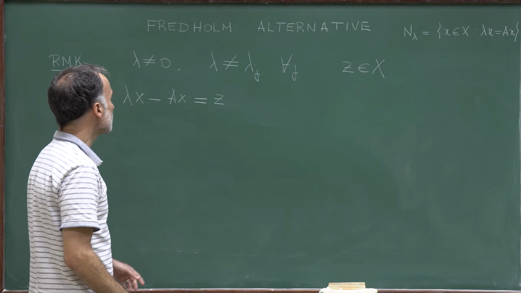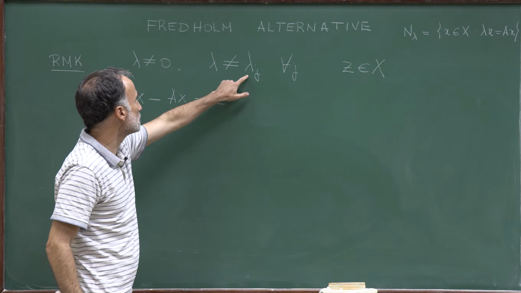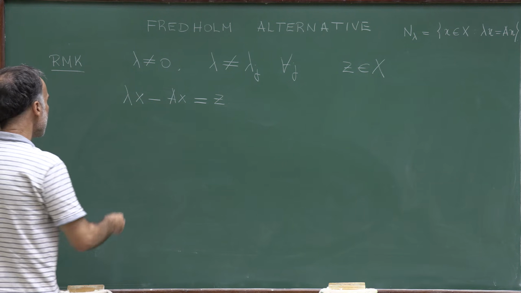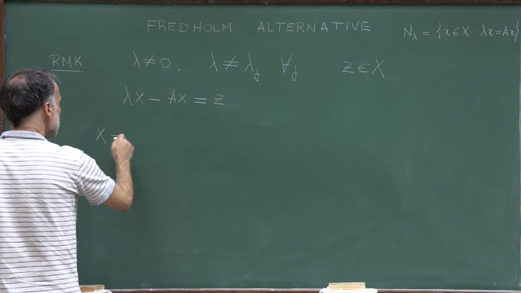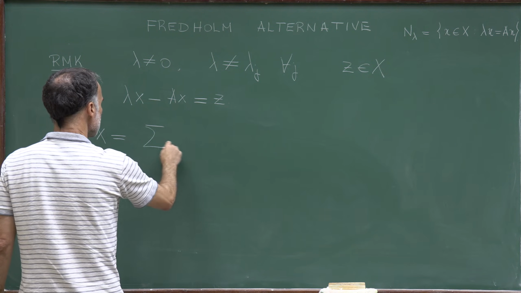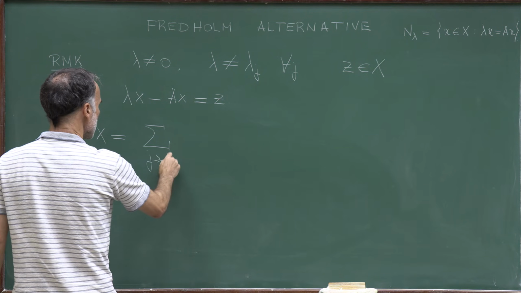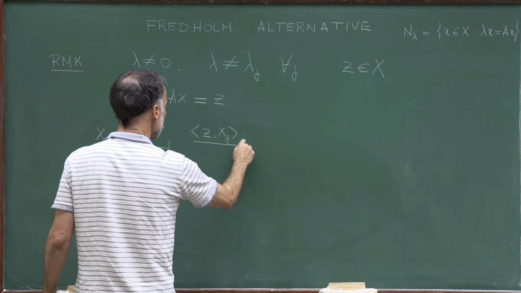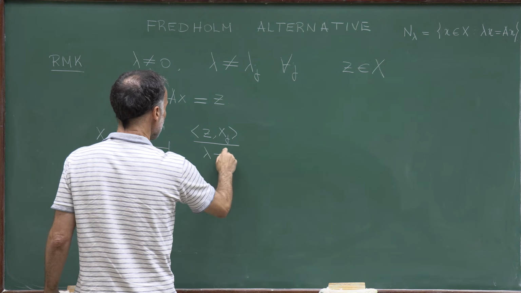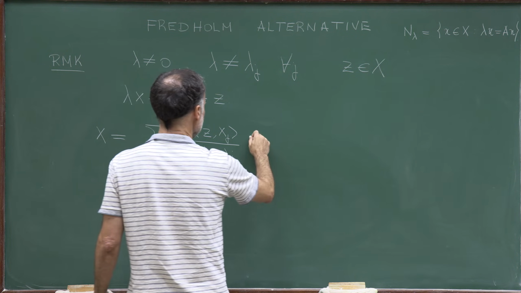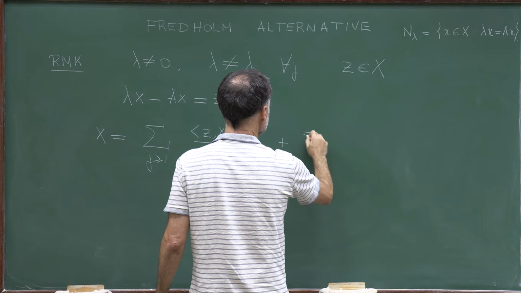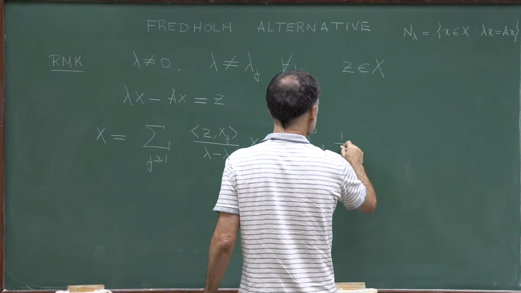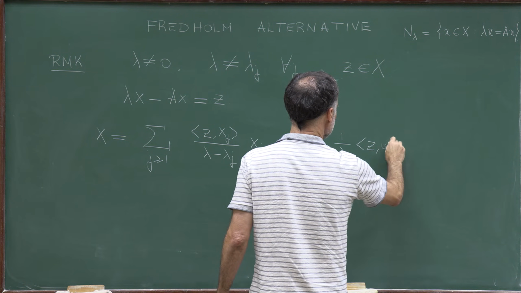Then I proved that if lambda is different from lambda j for all j and different from 0, there exists a unique solution to this equation, and I obtained even its explicit formula, which is x equals the sum over j larger than 1 of (z, xj) divided by (lambda minus lambda j) xj plus the sum over k of 1 over lambda (z, wk) wk.